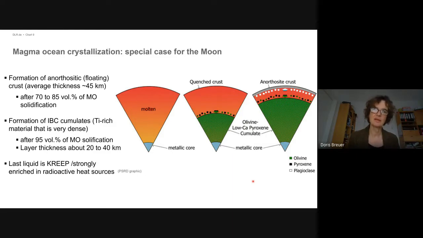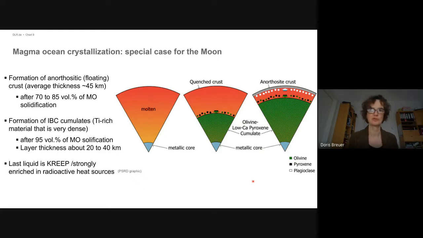Then, at 95 volume percent solidification, this titanium-rich material I've mentioned already, the so-called IBC, forms, which is then at the base of the crust at the end. And this is very dense. The thickness of this layer is approximately between 20 and 40 kilometers. And at the end, we have a strongly enriched radioactive heat source. It's called KREEP. And that is also something we can typically see on the moon, KREEP-like material that is strongly enriched in heat sources.